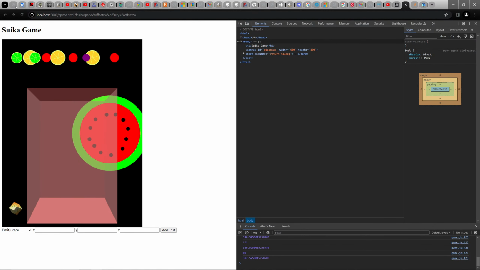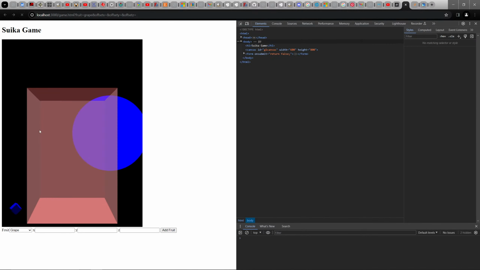That's pretty good, I'd say. And you can see it's all different shapes and sizes. And it's only when I release the mouse that you get the fruit popping up. So yeah, that's great. Got this working.